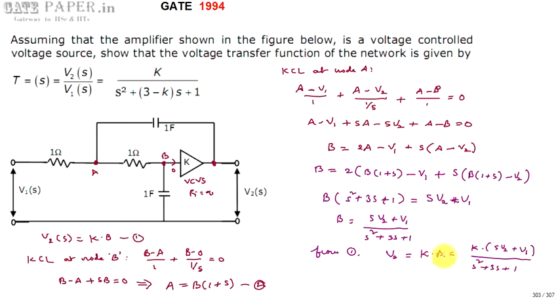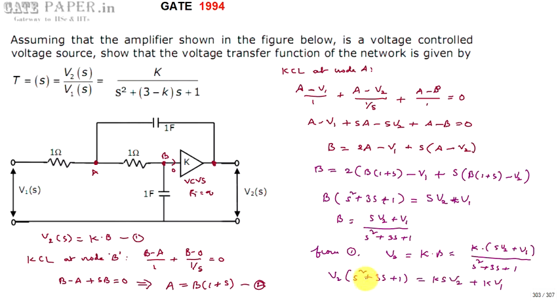So V2 into (S square plus 3S plus 1) is equal to KS V2 plus K V1.